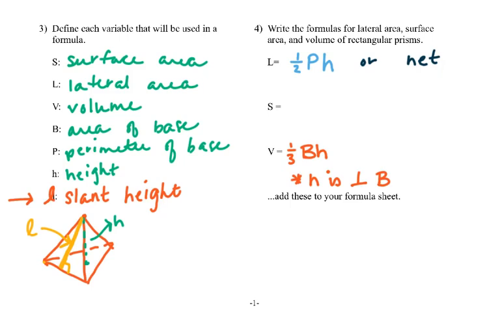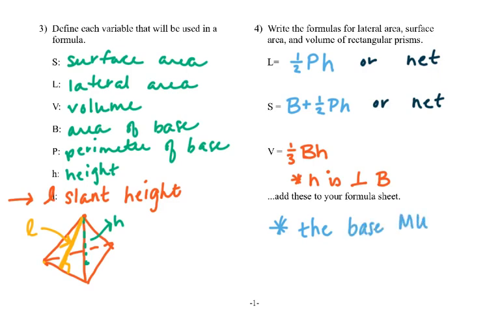For the total surface area, we can add a base to our lateral area, or we might have to draw a net. So if it is in light blue, you can use the formula when the base is regular. So if you're using the formula, the base must be regular. And we'll see this in an example.